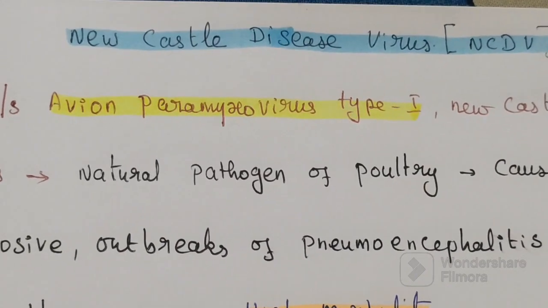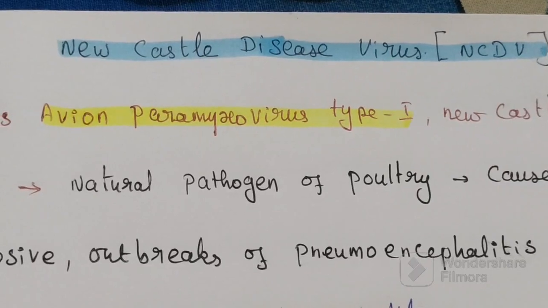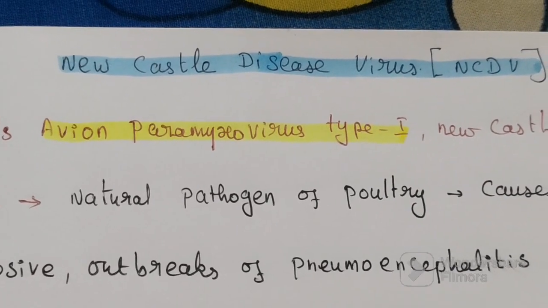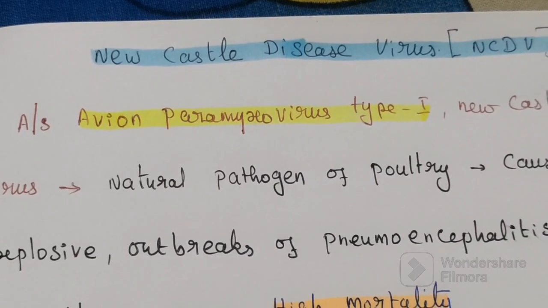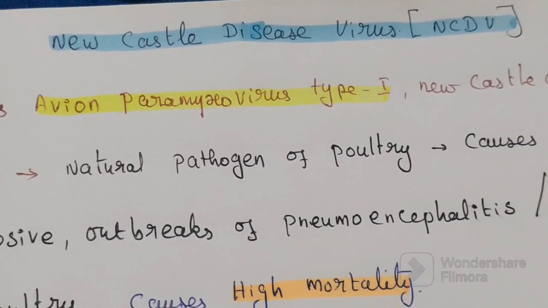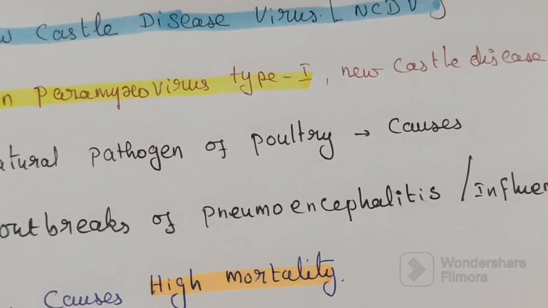Next, another virus, Newcastle disease virus, NCDV. This is also called avian paramyxovirus type 1.